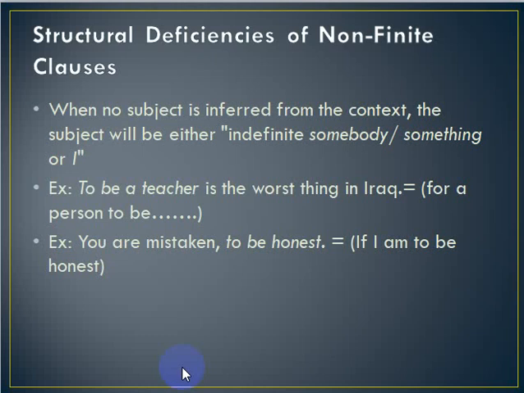To be a teacher, this is the non-finite clause, which is regarded as a subject of the main clause, is the worst thing in Iraq. Now, for a person to be a teacher, this is the subject, which is indefinite.